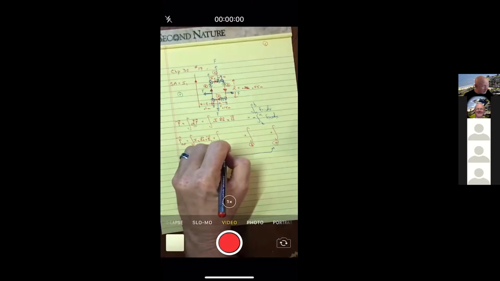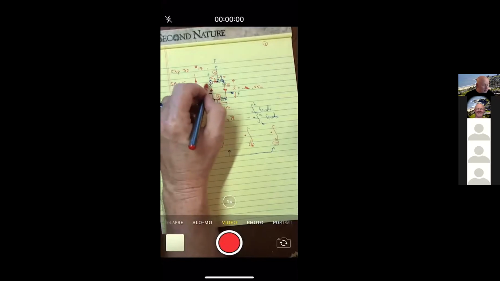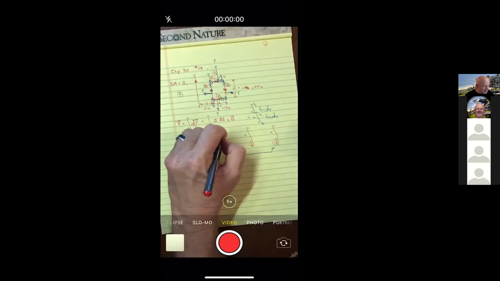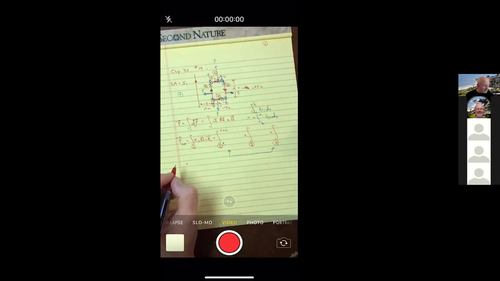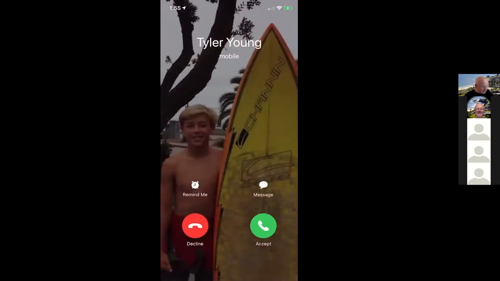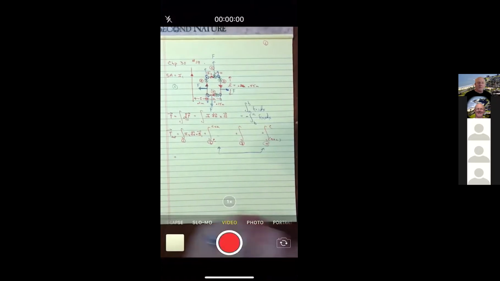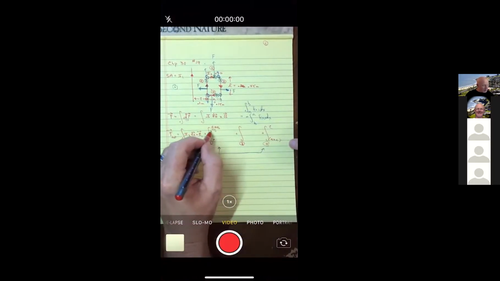This would be from this point here, let's call it C, to this point here, which would be C plus A. But then this one down here would be an integral from C plus A to C. So those two are going to be equal and opposite.